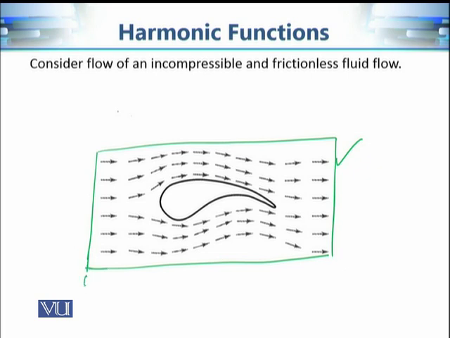Let's say this is the origin, and this is the real axis, and this is the imaginary axis. Now we want to discuss the motion of this fluid, which is incompressible and frictionless, and this is one cross section of this fluid.